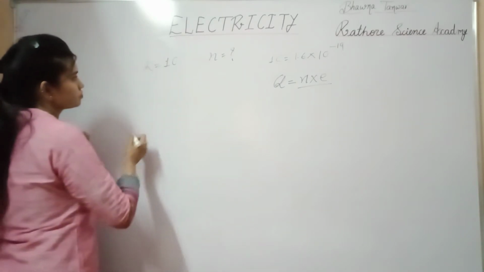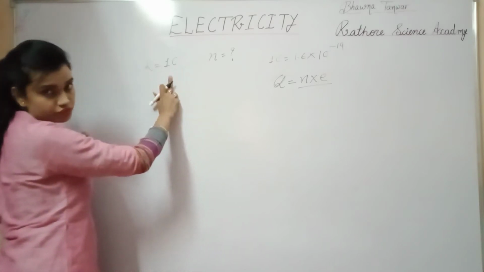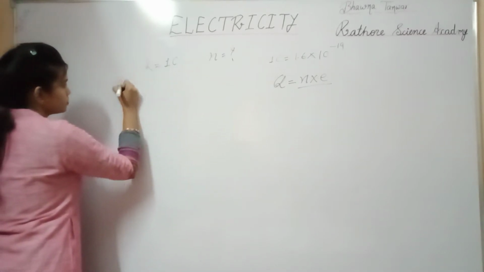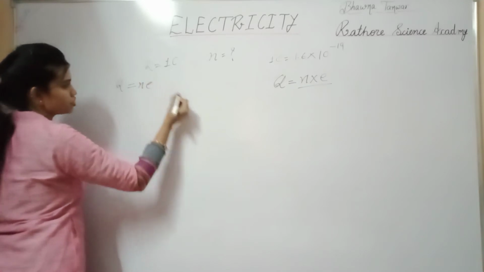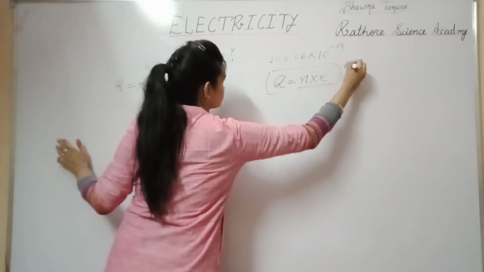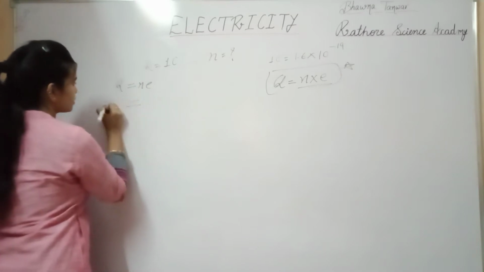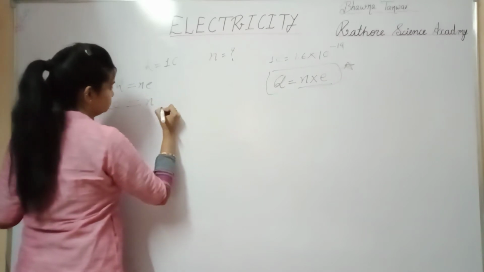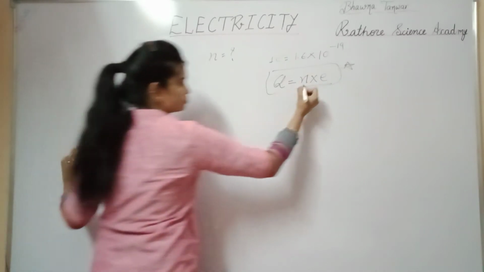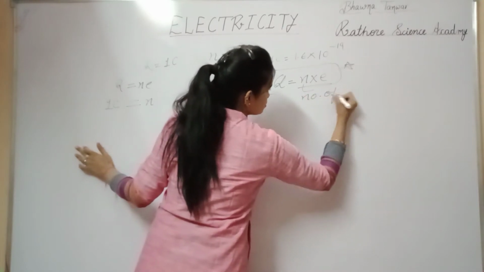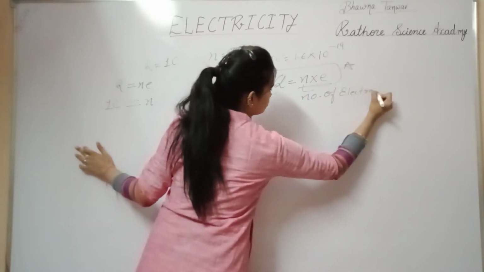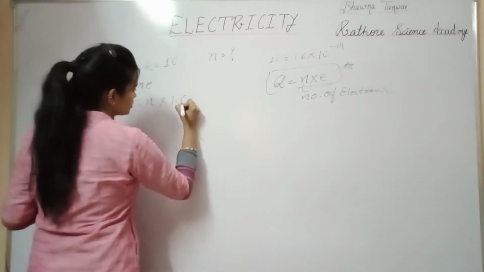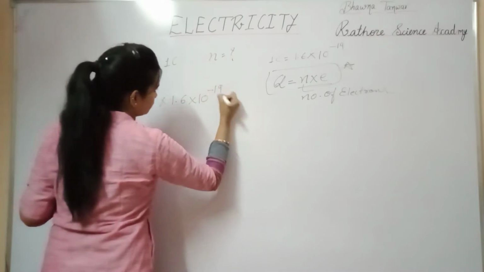Now see, we have to find the number of electrons present in 1 coulomb charge. For that, Q equals N e. This is our first formula that you have to remember. Now Q is given as 1 coulomb, and we have to find N, the number of electrons. We know that e is 1.6 into 10 raised to the power minus 19.